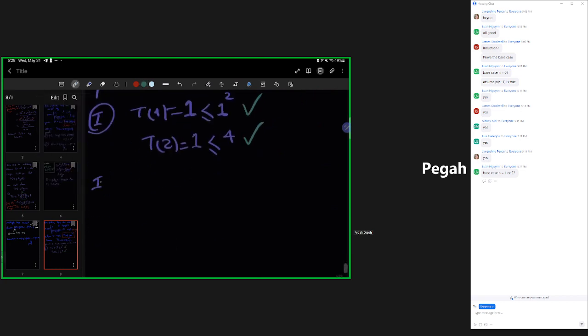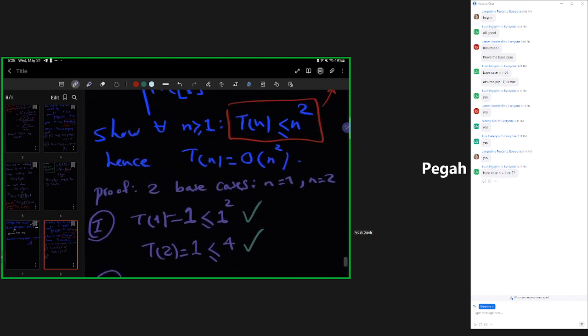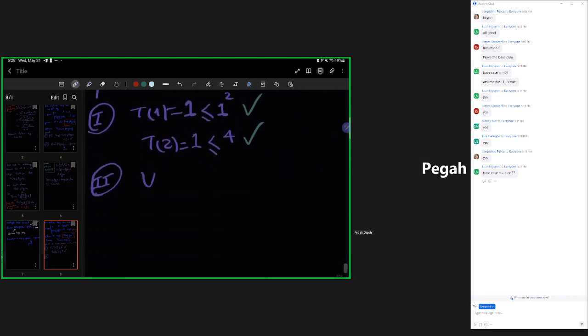What is the second step? For all n greater than 2, because we already showed 1 and 2, we consider the earlier cases correct, and then show that P(n) is correct by induction.